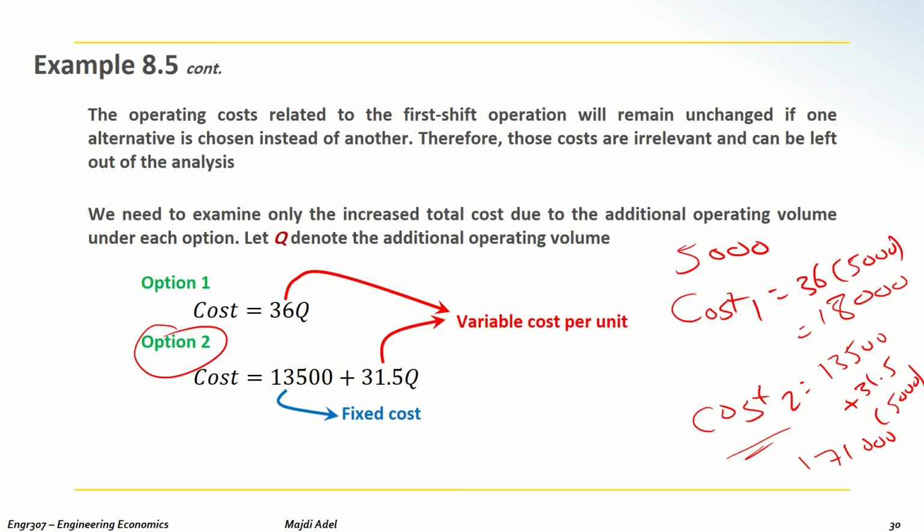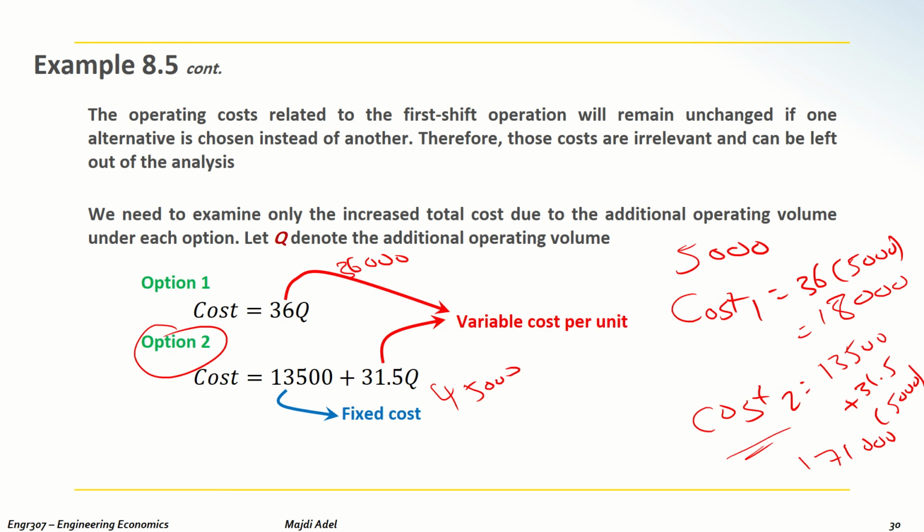If I'm producing less than 3,000, let's say for example 1,000, this is going to be $36,000, and the other is going to be 45.